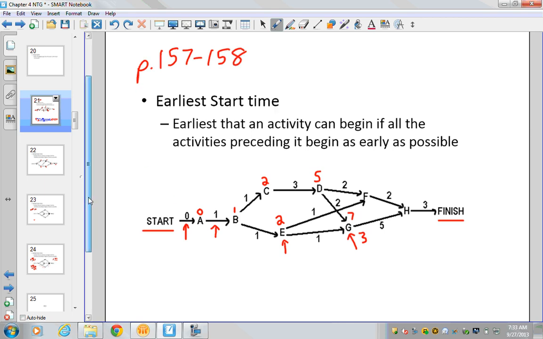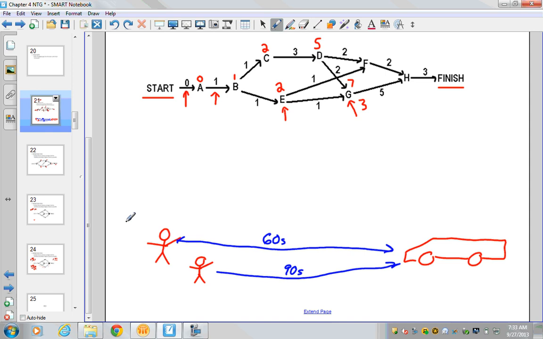Well, let me use this example that I used in class. Let's say this was me, and I was running to my car, and for some reason it's a futuristic rocket car. So if it took me 60 seconds to get to my car, but my friend here, it took him 90 seconds. Let's just say he tripped or something.